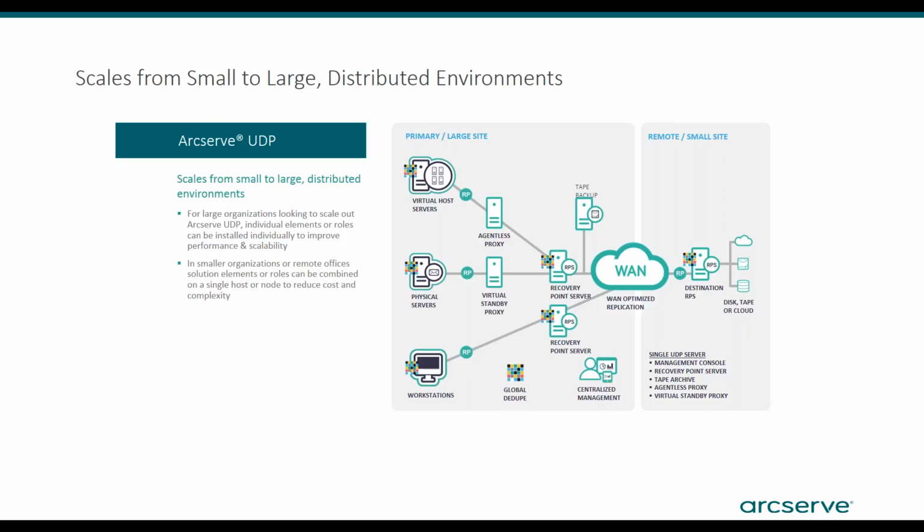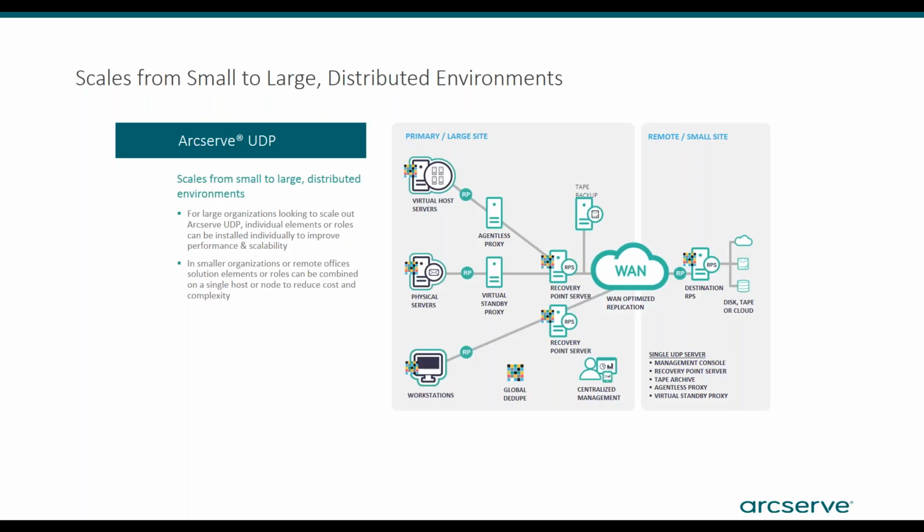Also, we can scale down from here too. So that's one thing that kind of gets missed: if it's an environment where I only have one server I'm backing up, it needs to back itself up, or a workstation back itself up, something like that. We can do that as well. You don't necessarily need to have that centralized recovery point server. It just adds a lot of functionality to the product, things like deduplication, replication, which in small environments sometimes that's not key, right?